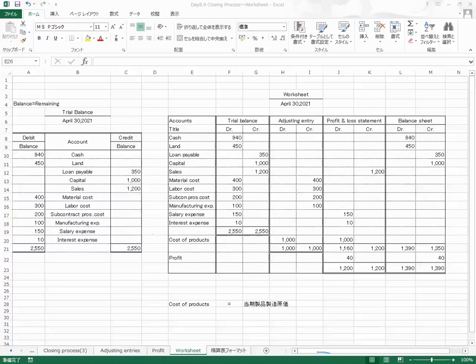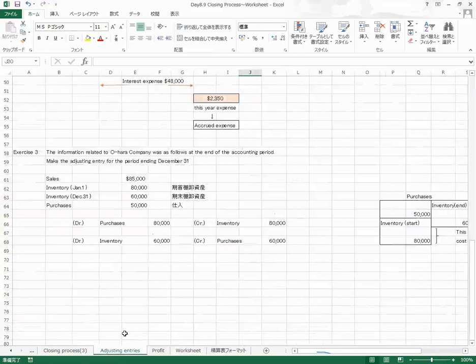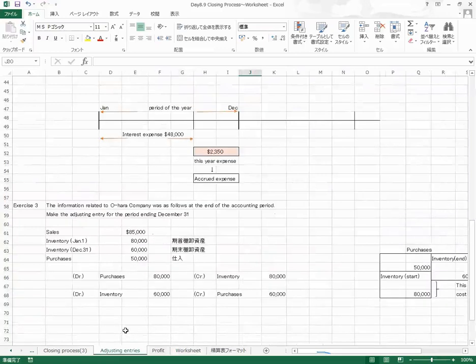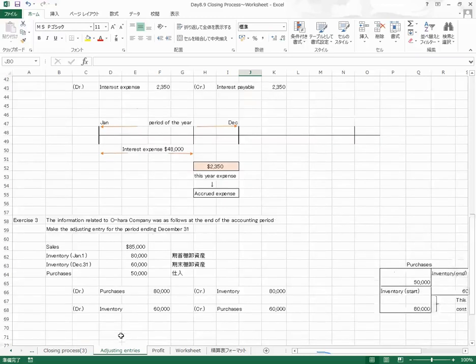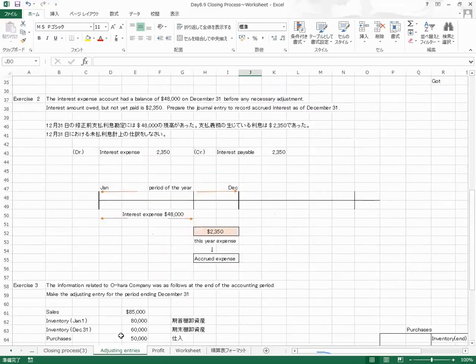When you look carefully into this worksheet, you can understand what situation your business is in. If you understand this worksheet, you will be a good manager of your business.